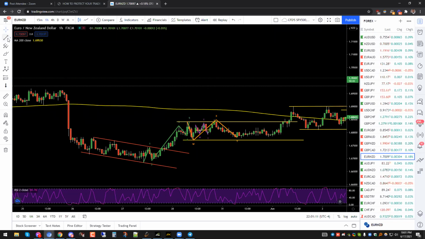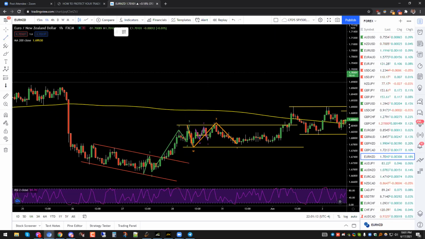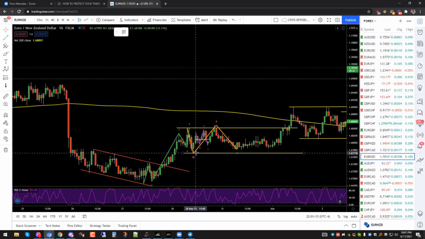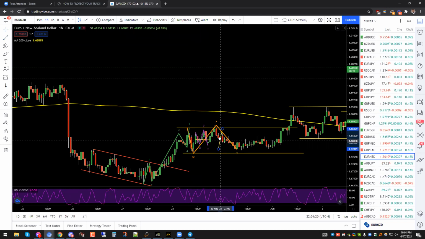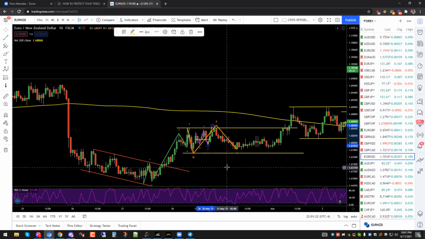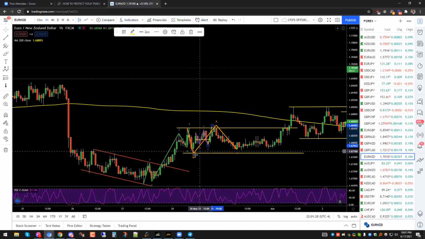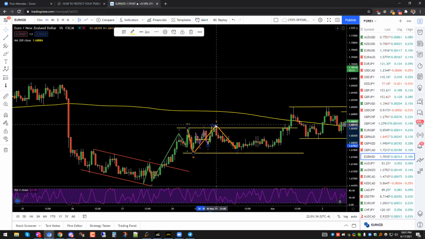If you want to use market geometry, if you measure this one, take it, project it over here, measured move. See that? So that helps you to know that this wave is part of this entire move. So this is going to be wave one, wave two, this is wave three. You have a complete corrective formation, right?